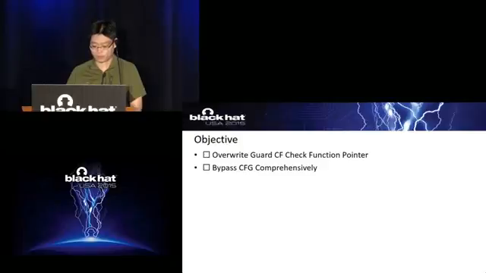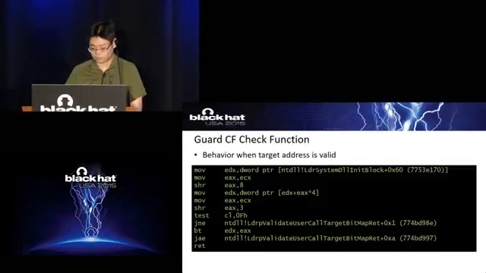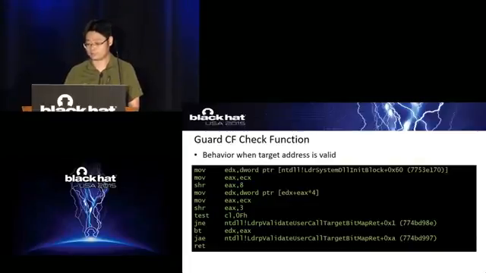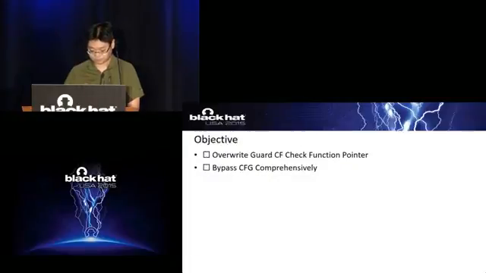So if we overwrite the guard check function pointer and point it to the single return, any address it tests will be valid, and we can overwrite the indirect call with any address as before. So this is our new objective, to overwrite the guard check function pointer.